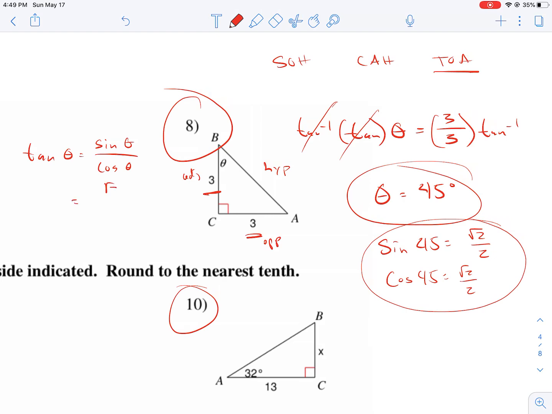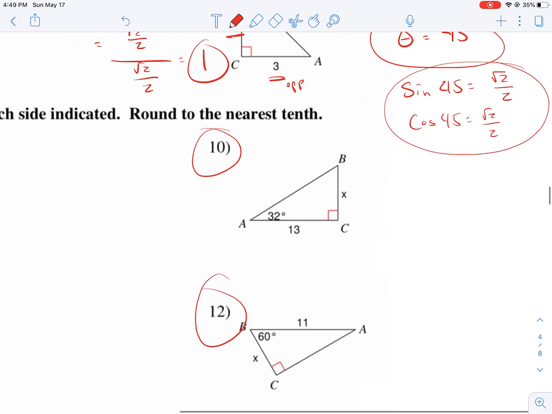So you get square root 2/2 divided by square root 2/2, which just becomes 1. Right, and so that's where these things are coming from. So the tan of 45 degrees is just 1. And I'll explain that a little further once I get back to the unit circle part.